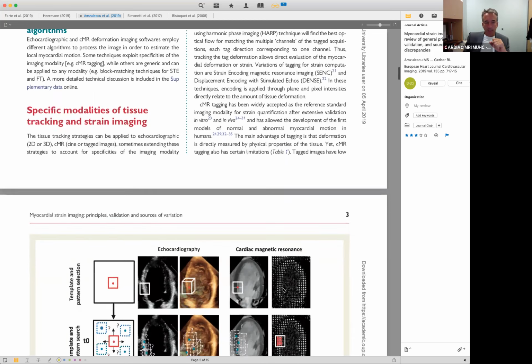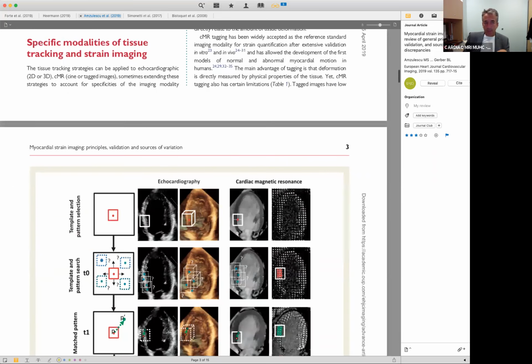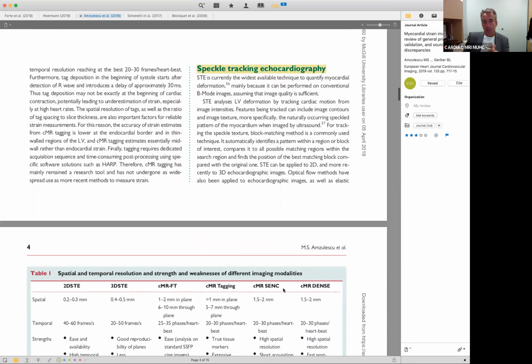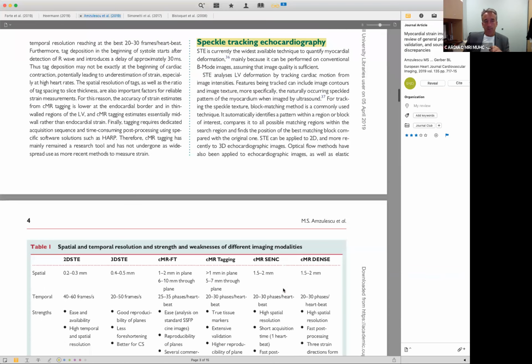So that's tagging. Then mainly used in echo is speckle tracking. That's basically using the irregularities of the tissue as a marker. So that's speckle tracking. You track these speckles.